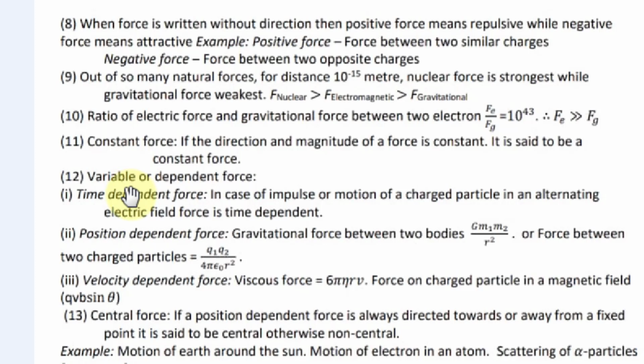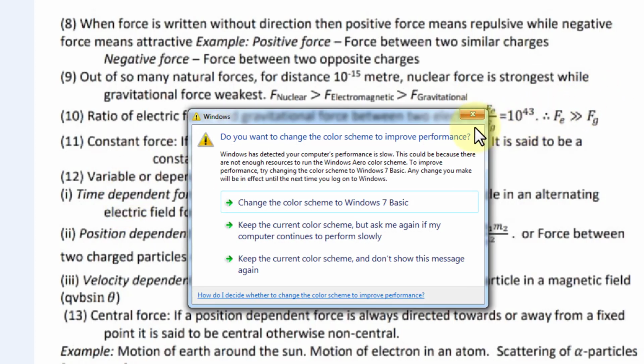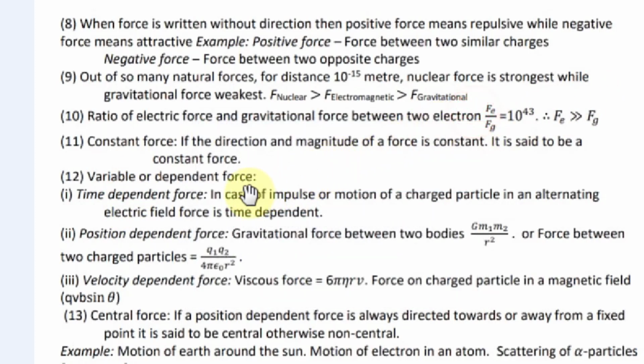So how does the force vary or depend? Time dependent force is there, position dependent force is there, velocity dependent force is there. Force depends upon time, upon position, and upon velocity also.